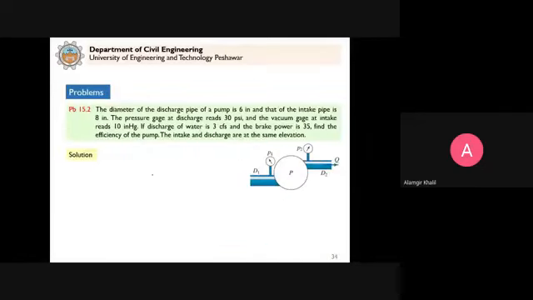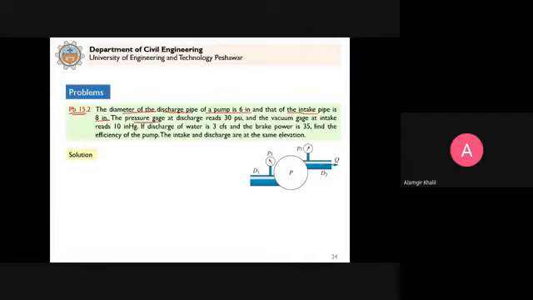Next, we solve one or two problems to learn how we apply the concepts that we just learned. This is a problem from chapter 15 of our textbook. The diameter of the discharge pipe of a pump is 6 inch and that of the intake pipe is 8 inch.